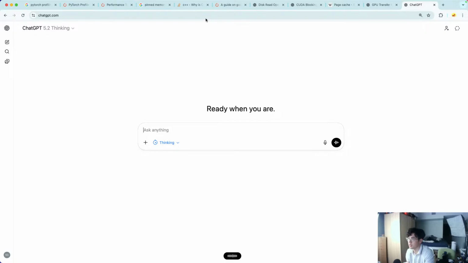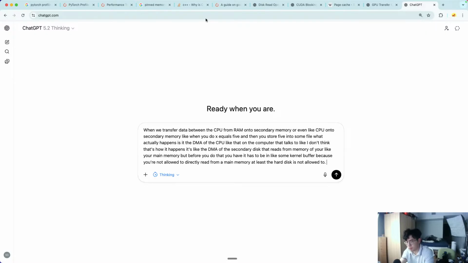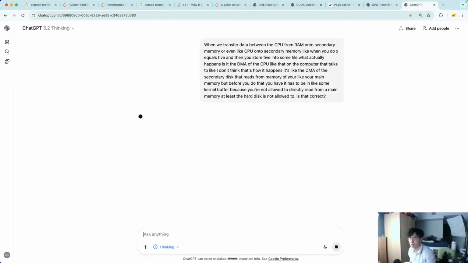It's the DMA of the secondary disk that reads from your main memory, but before you do that, it has to be in some kernel buffer, because you're not allowed to directly read from main memory. At least the hard disk is not allowed to. I don't know what's correct.